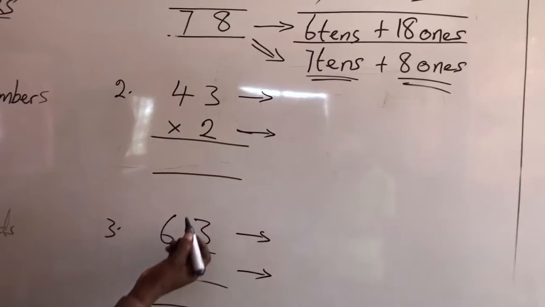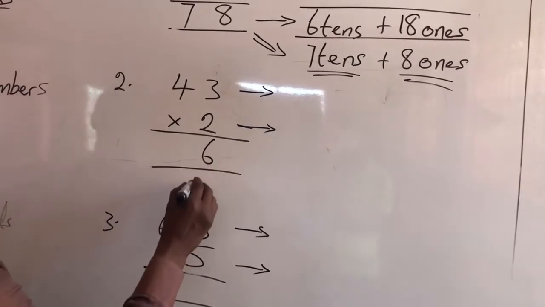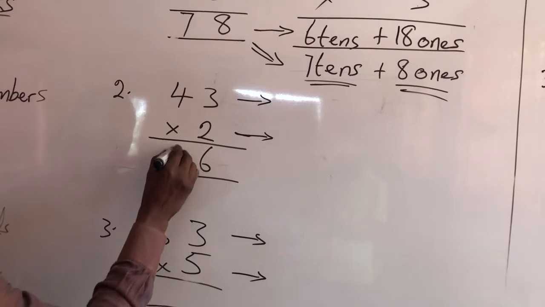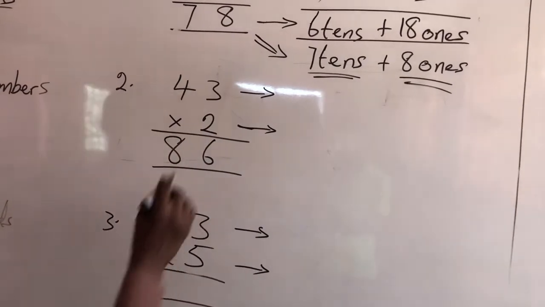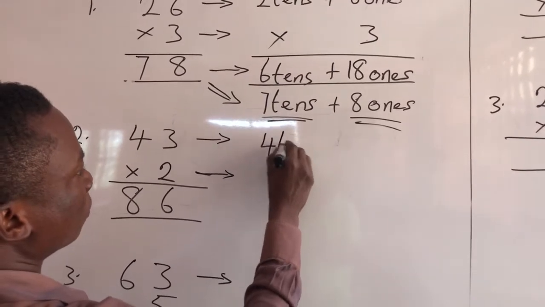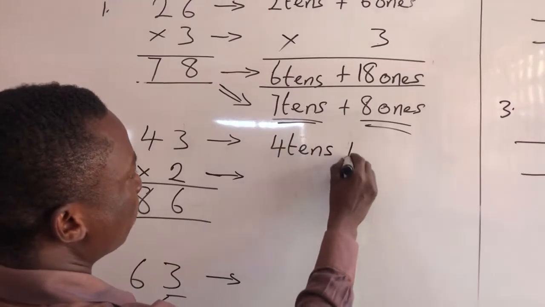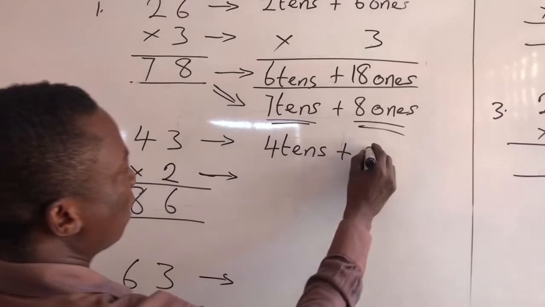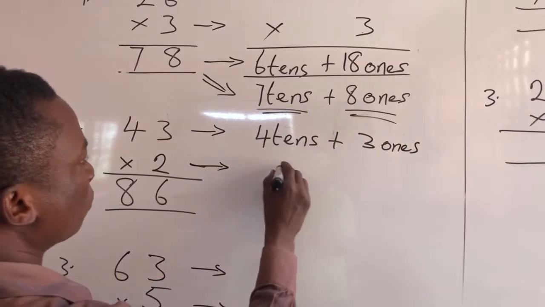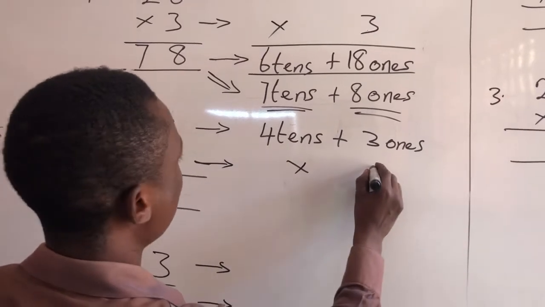The next example. 2 times 3 is 6. 2 times 4 is 8. Another way you do it is to expand this. This is 4 tens plus 3 ones, and you are multiplying by 2.